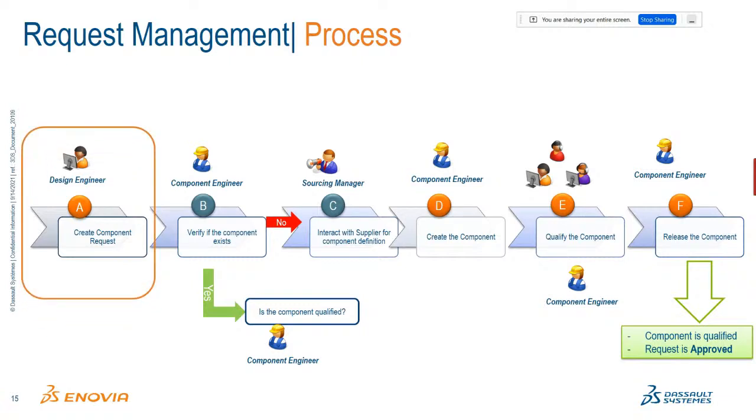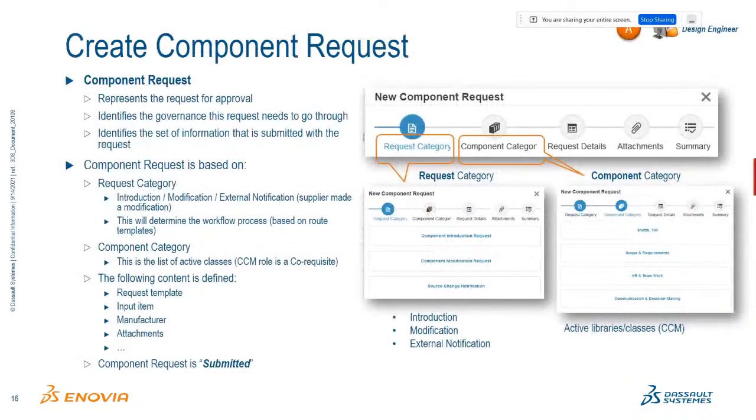Okay, so let's start with the first part of this demo where we submit a component request. In this case, the component request represents the request that will be used in order to approve this new component. And as Frederick mentioned earlier, it's all about the governance. So we have here a process that will govern this request.